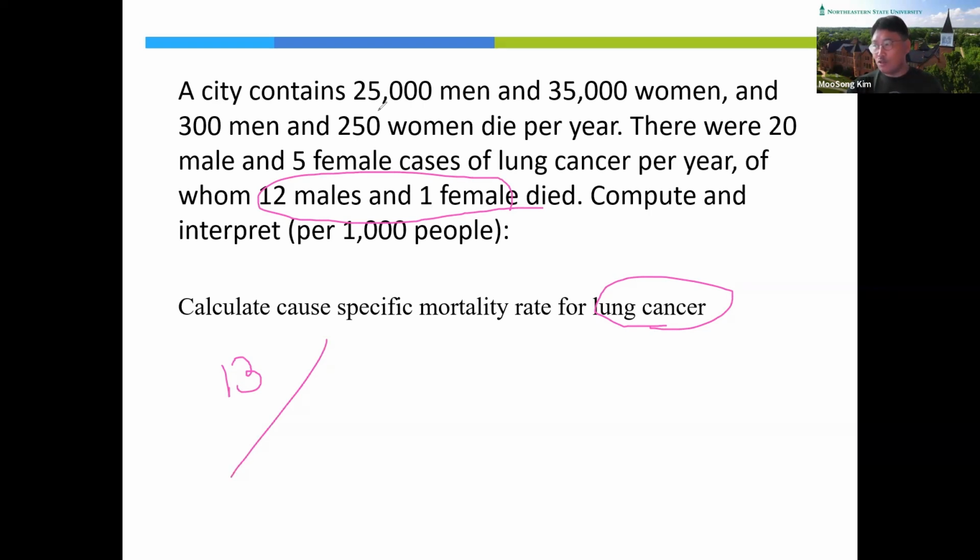And then we still use the total population, right? So this number, 60,000, and times the constant, 1,000 people.